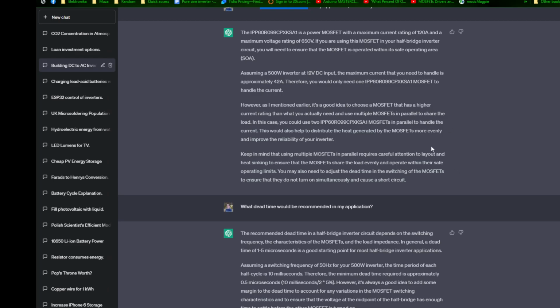So even though I would say 2 is the minimum because it's a half bridge, you open, you close, and the second half has to have the dead zone in between and has to open and close. So it shouldn't say about 1, but it said about 1, but that's okay. What dead time would be recommended in my application?